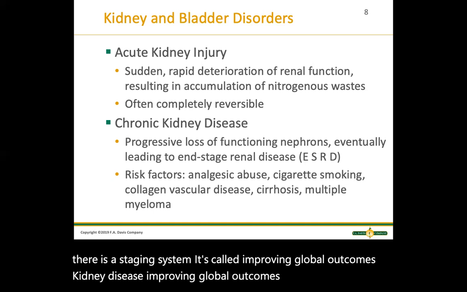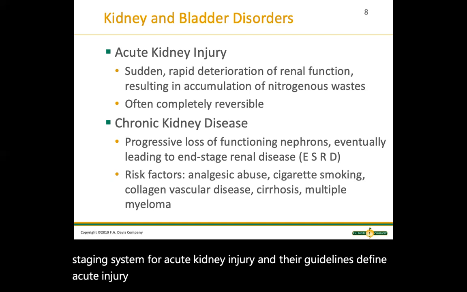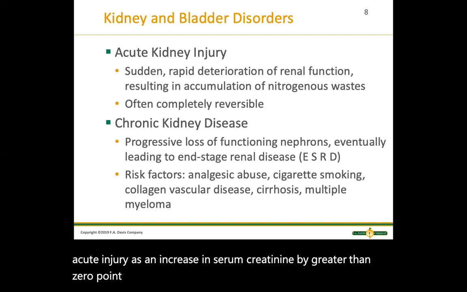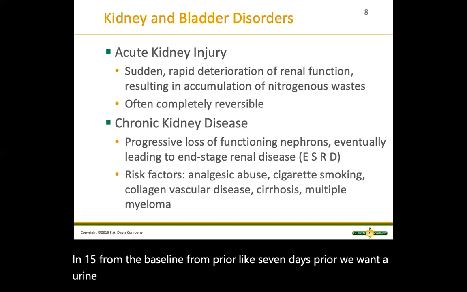KDIGO has a staging system for acute kidney injury, and their guidelines define acute injury as an increase in serum creatinine by greater than 0.3 within 48 hours, an increase in serum creatinine to 1.5 times the baseline from prior, like 7 days prior, or a urine volume of less than 0.5 mLs per kg for 6 hours.